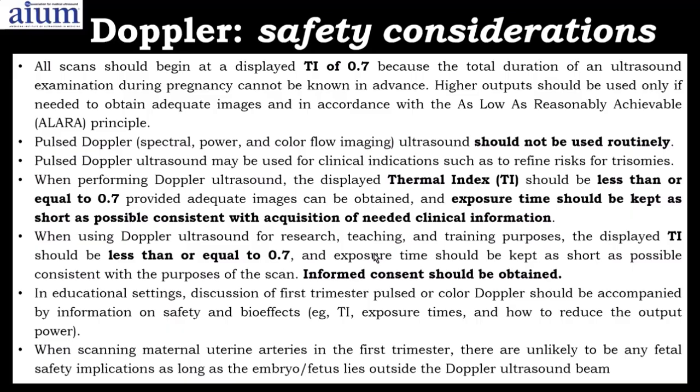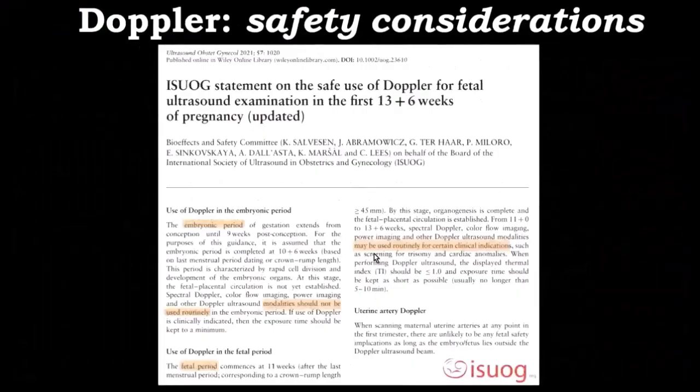To my mind, the benefit you can get from using color Doppler, in particular when you're trying to figure out if the heart is normal or abnormal, definitely outweighs the potential risks if you adhere to those safety considerations. ISUOG also has its own safety statement, and again, this modality should not be used during the embryonic period, prior to 10 weeks gestation.